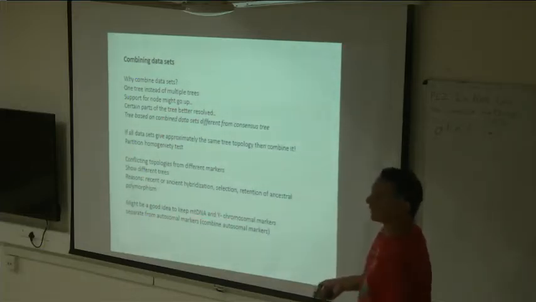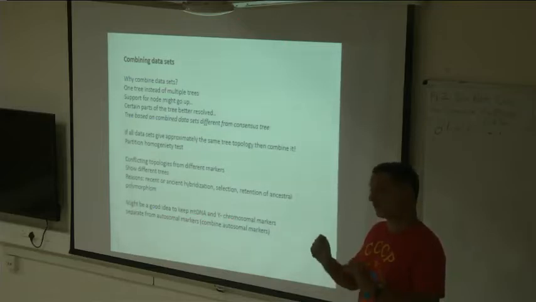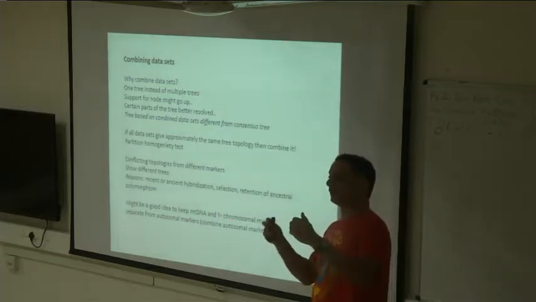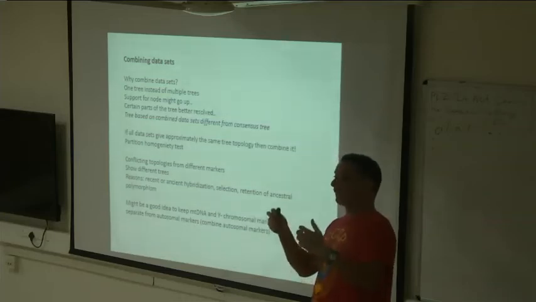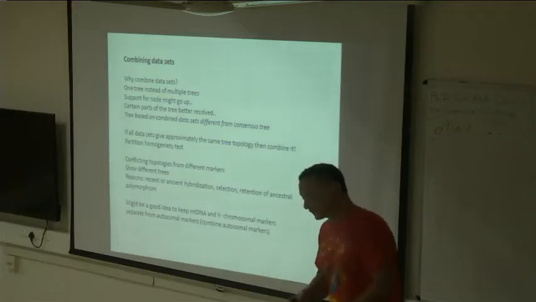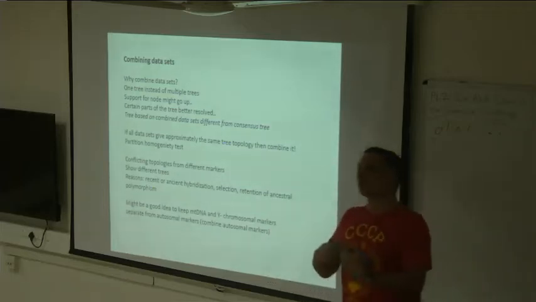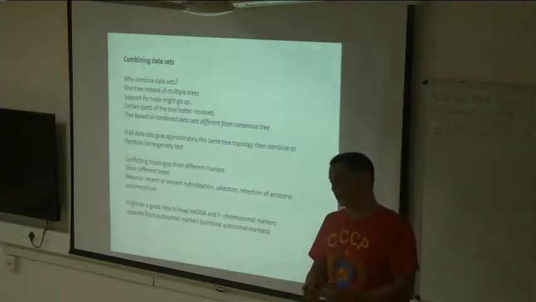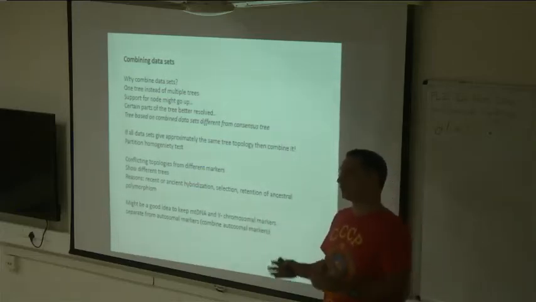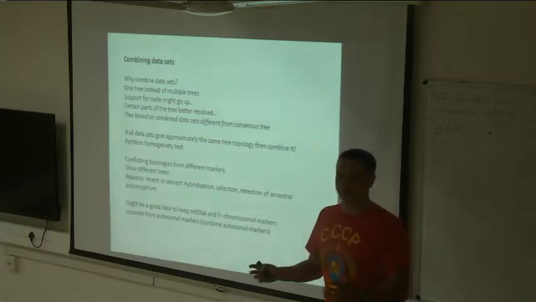Yeah, often mitochondrial and nuclear topologies are quite different, and when you combine them, the tree based on concatenated analysis looks more like a mitochondrial tree. So it's highly biased towards mitochondrial tree. This happens all the time, right? So I would keep them separate.